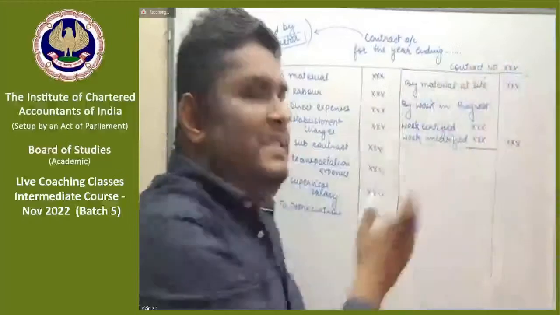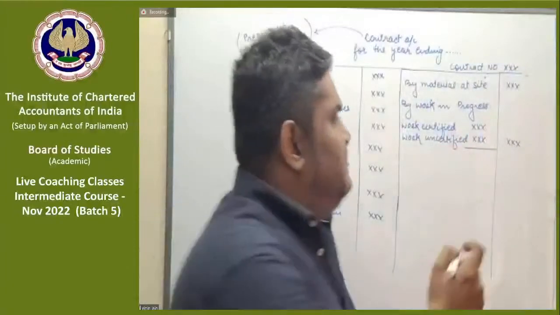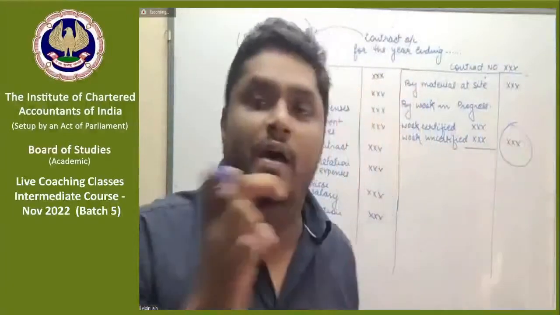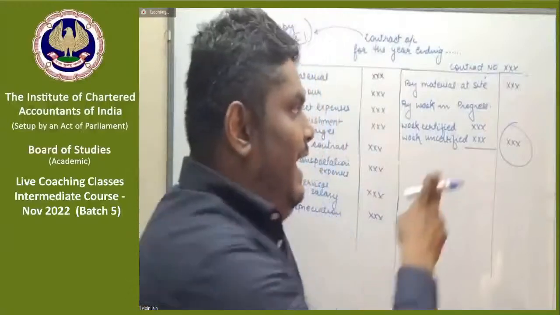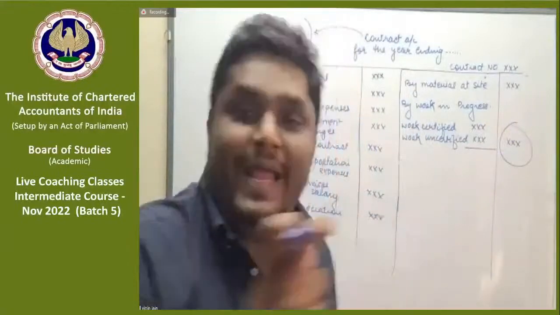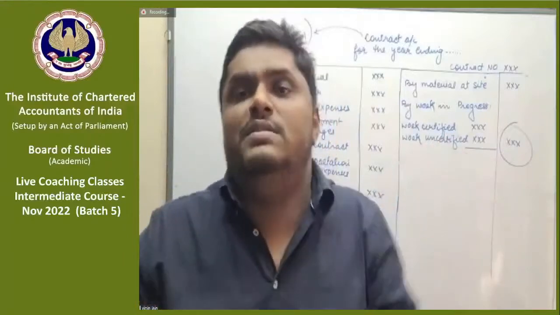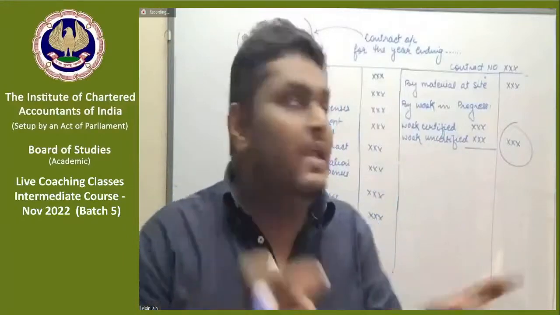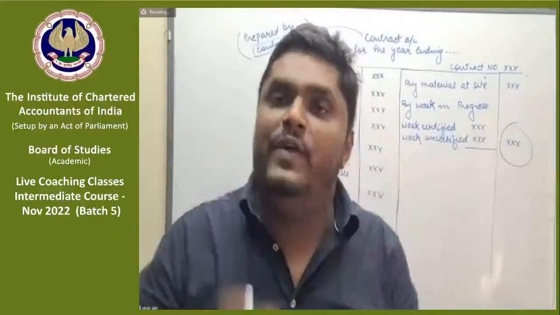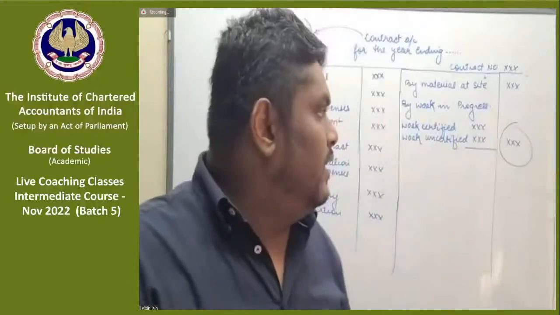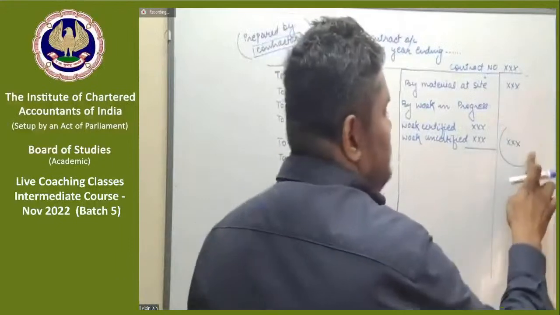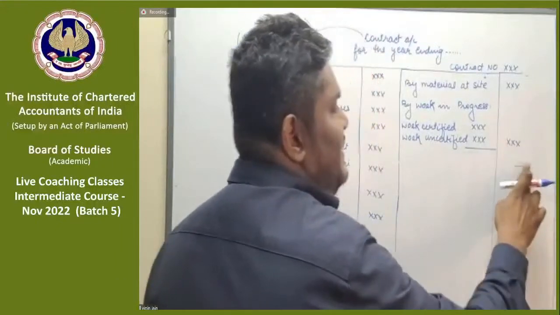This much is the expenses that are incurred. This much is the amount of the work that has been completed. As discussed, work certified is valued at selling price, and work uncertified, since it is not certified by the contractee's architect, we will not recognize the profit on this work. So this much is the value of the work that has been completed.